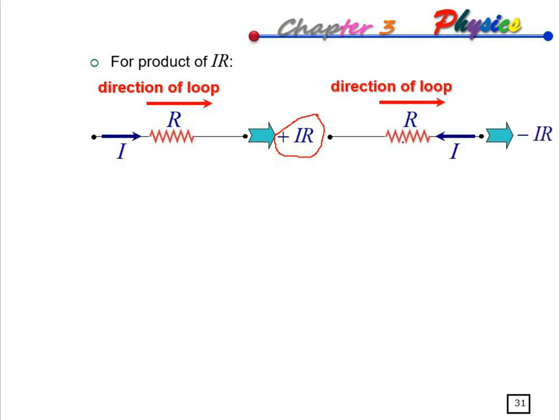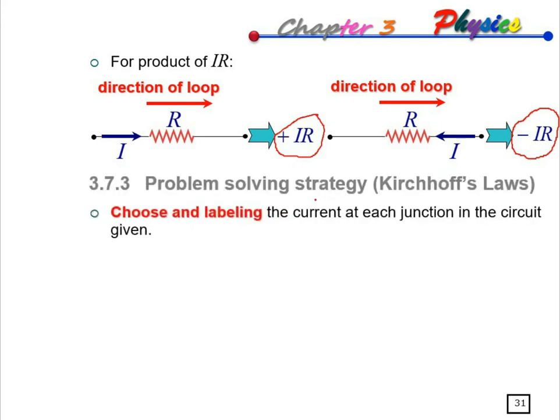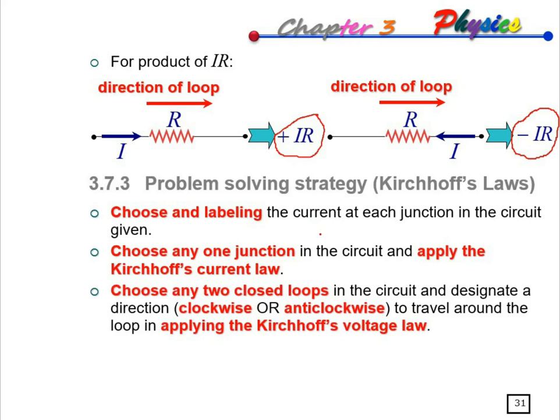Whereas if the loop direction is to the right and the current flows in the opposite direction, we use the sign convention minus IR. So we have different sign conventions, either plus IR or minus IR. Next, the problem strategy for the Kirchhoff laws: how we are going to examine the circuit.